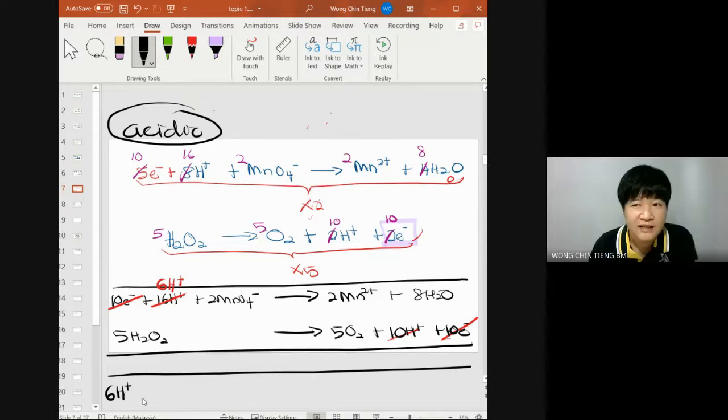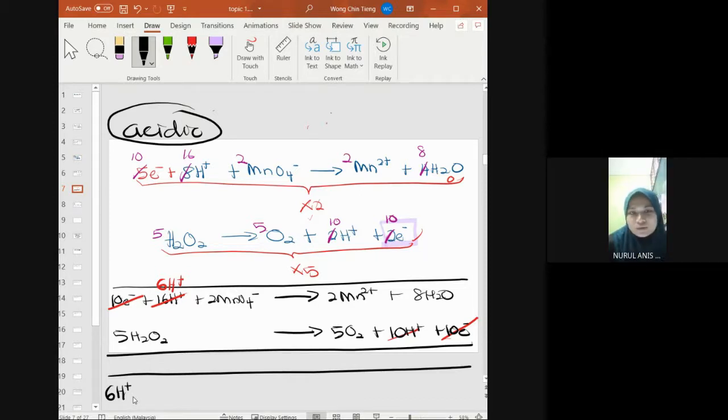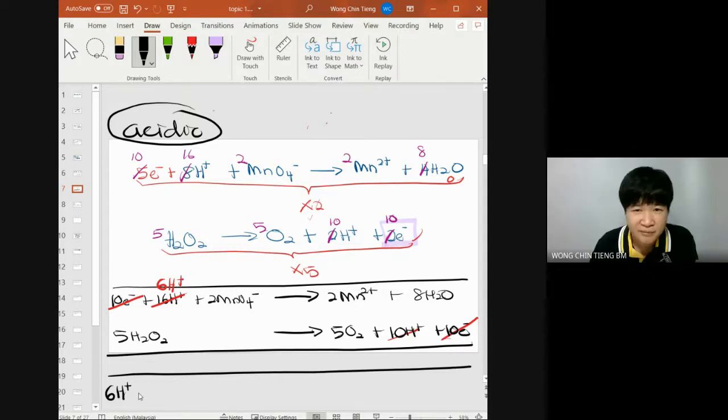Hang on sayang, 1 second. Saya nak final answer. Apa yang kena ada? 6H plus? 2 MnO4 minus. Fadzini, apa yang kena ada? 6H plus? Aqueous. Thank you sayang.